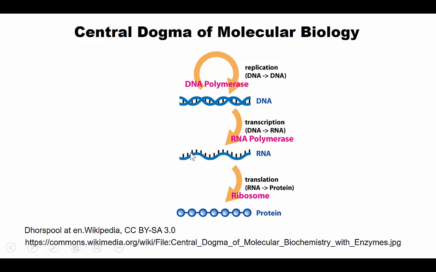Eventually, using this RNA information, the machinery which makes a protein is the ribosome, and translation is the process of using RNA information to make a protein. So this is a central principle of biology. That's why we call this the central dogma of molecular biology.